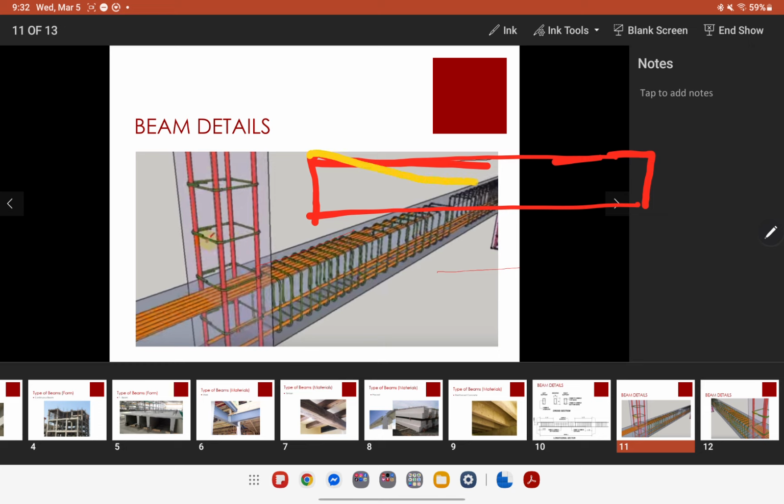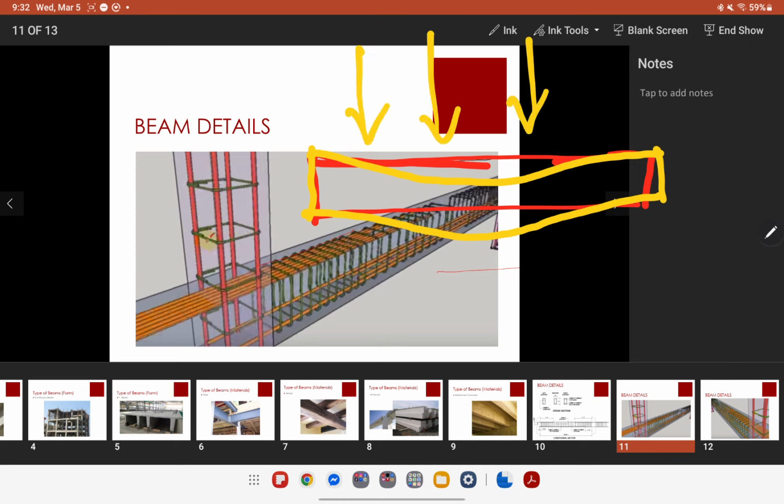This is just an exaggeration of how the deflection will look. The red is the original position of the beam. Once you put load on it, it will bend something like this.